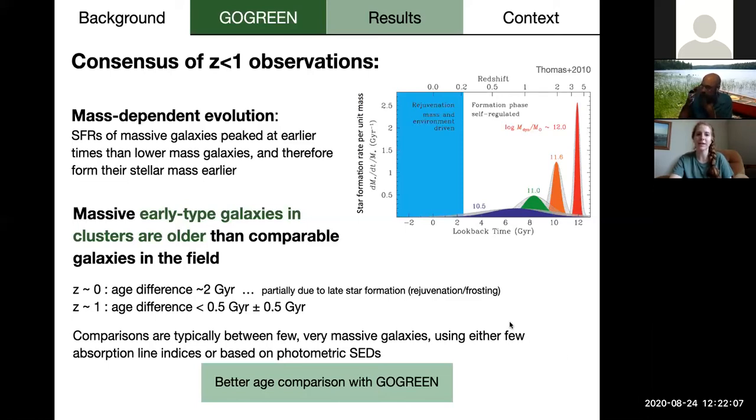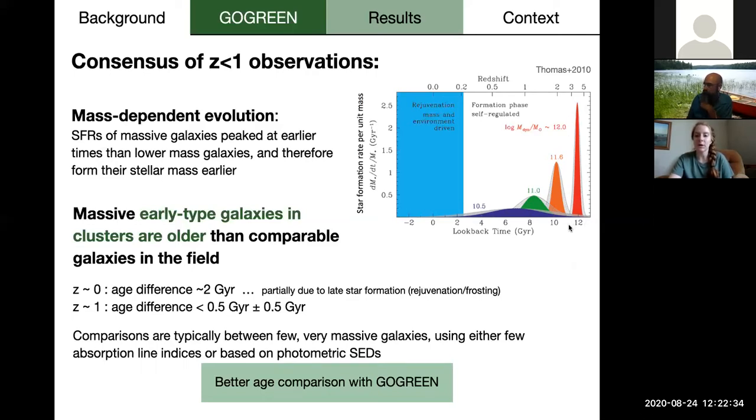And this is to say that the star formation rates of the most massive galaxies tend to have peaked at earlier times than lower mass galaxies, which is to say that they formed their stellar mass earlier. And that's what's shown in this cartoon from Thomas 2010, where this red contour here shows that this is the dominant epoch of the most massive galaxies in that they formed most of their stars during this time.